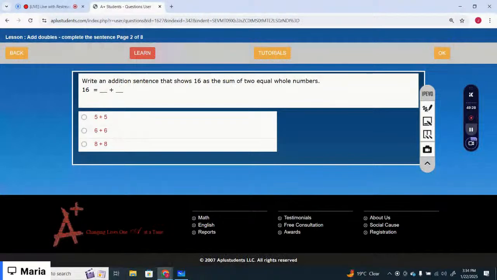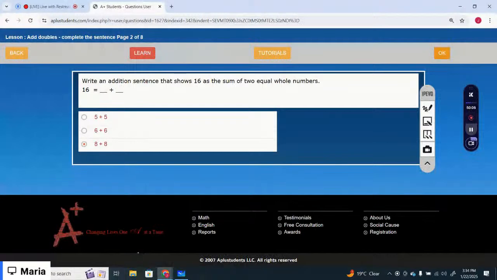Write an addition sentence that shows 16 as the sum of two equal numbers. That is 8 plus 8 makes 16.